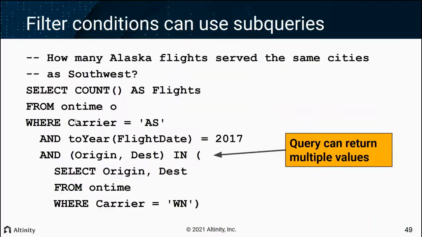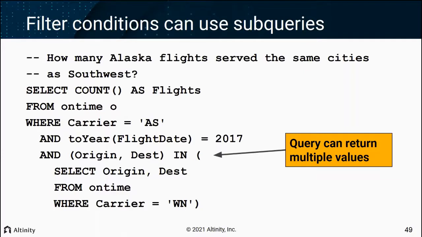Similarly, we can also use subqueries, and these are exceedingly handy. For example, to answer the question, how many Alaska flights serve the same cities as Southwest, we're going to look for flights where the carrier is equal to Alaska.